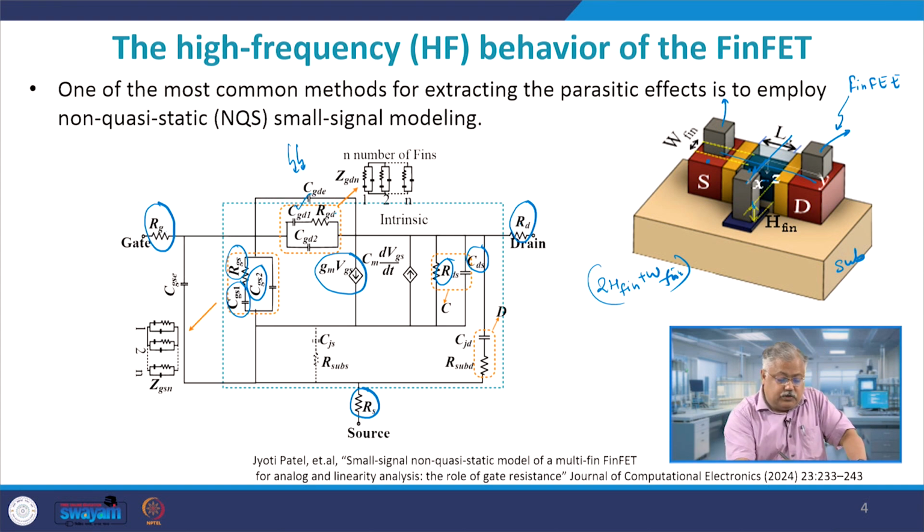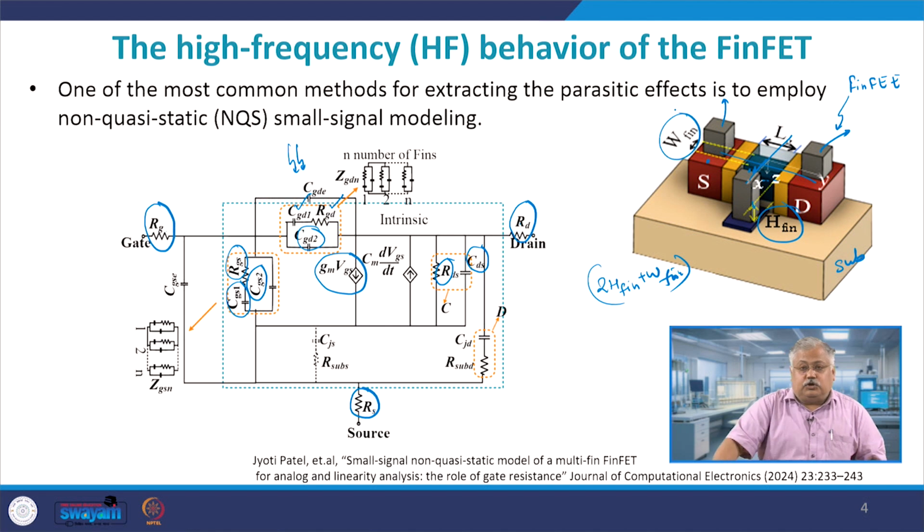This is the gate to drain capacitance and gate to drain resistance, intrinsic and extrinsic in nature. Again, as a designer, you have H fin and W fin as the possible parameters which you can change as you move ahead.